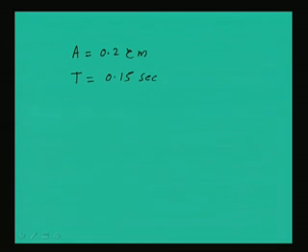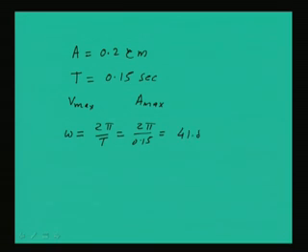We have to obtain the maximum velocity and maximum acceleration of that motion. Once we know the period, we can get the frequency: 2 pi by 0.15 gives us 41.9 radian per second.